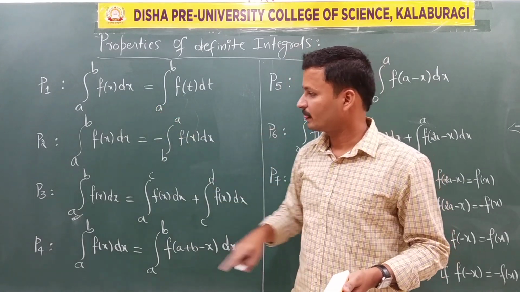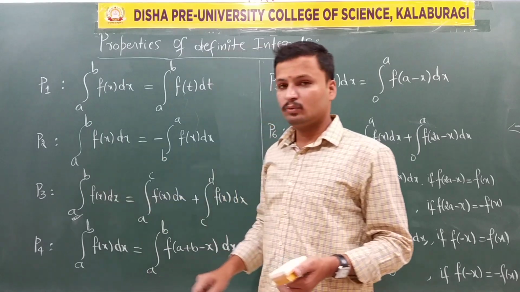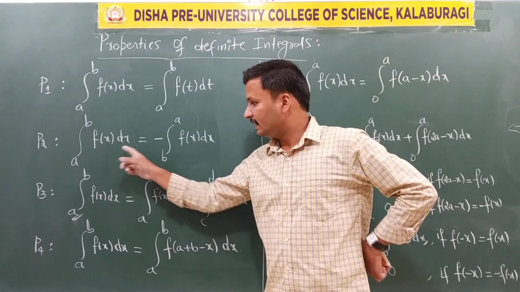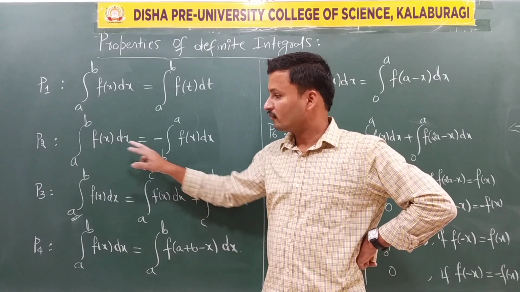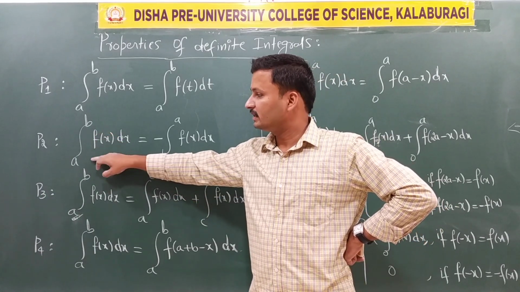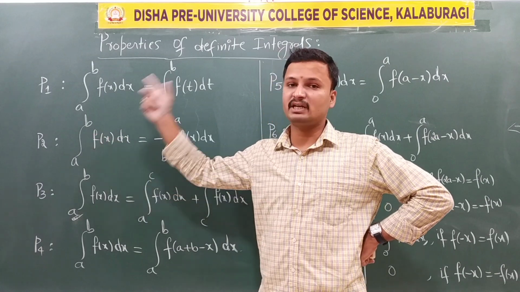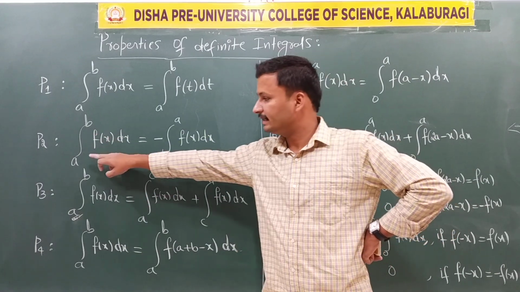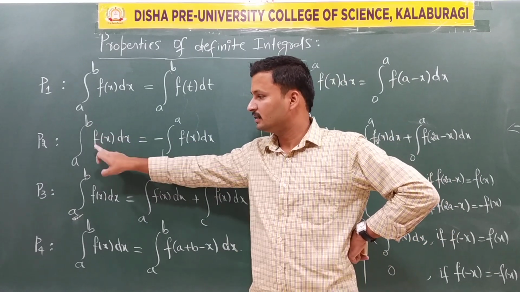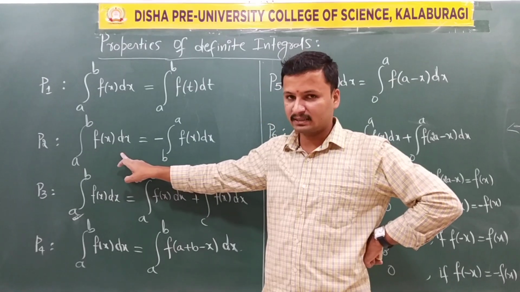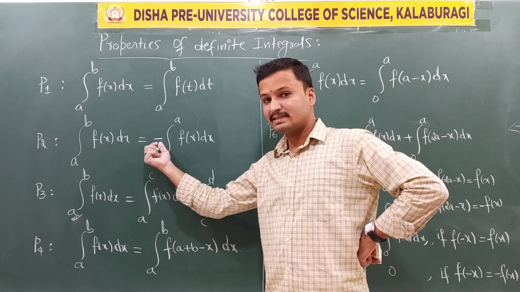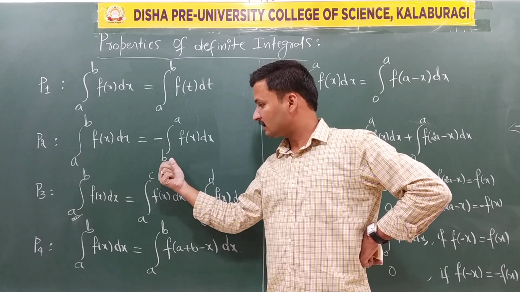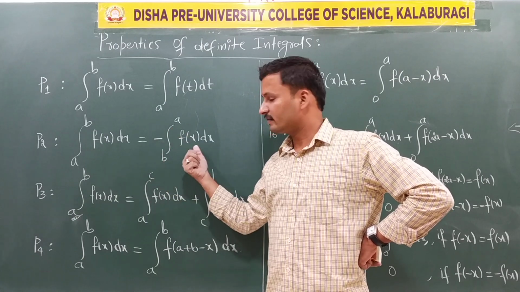Then next, property number 2: the value of the integral changes when the limits of integration are interchanged. See here, integration of a to b f of x dx is equal to minus of the integral from b to a f of x dx.